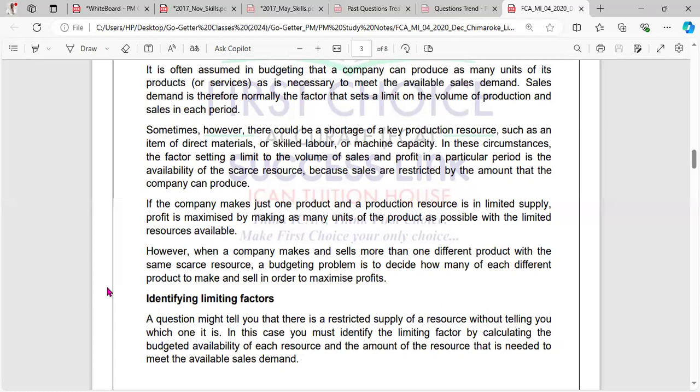So you won't say, I will stop making bread and focus on cake, or, I will stop making cake and focus on bread. No, you need to look at the blend and see which production mix will give you the biggest amount of profit given the scarce resources.